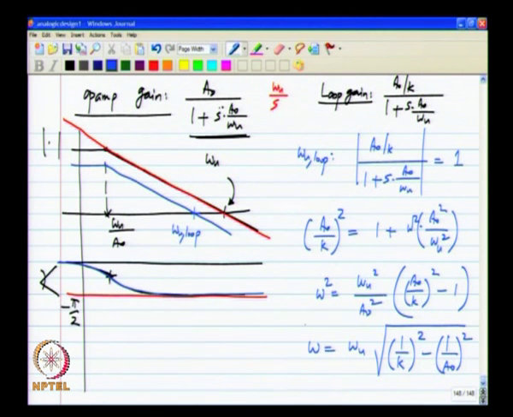I will further rewrite this as omega equals omega u by k times square root of 1 minus (k by A naught) whole square.